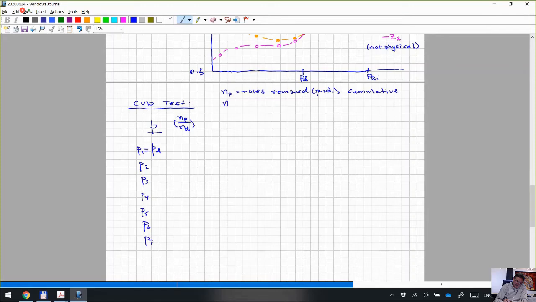And ND is the moles initial at the dew point. What you start with in this experiment.